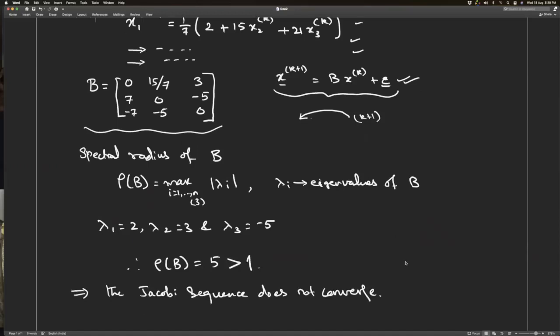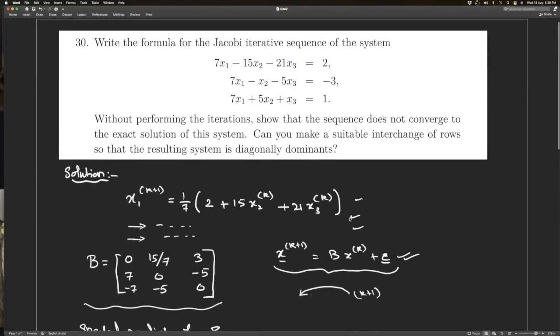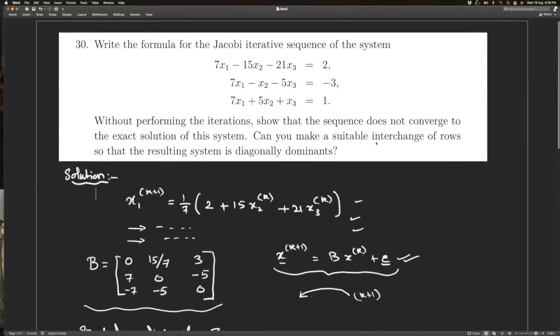And one more question is also asked in this problem. Can you make a suitable change of rows so that the resulting system is diagonally dominant? You can see that as such, the coefficient matrix is not diagonally dominant. The first line itself says that.